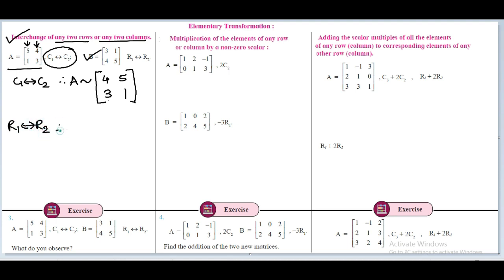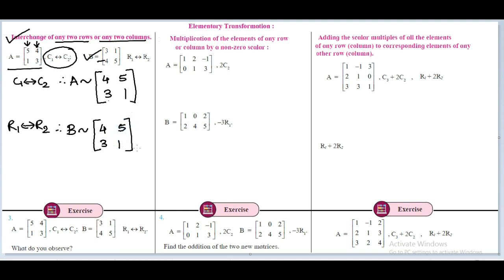So again, therefore, B is equivalent to, the first row is interchanged with the second row. So what is the second row? Second row is 4, 5. So that I'll write in place of the first row, 4, 5 and 3, 1.